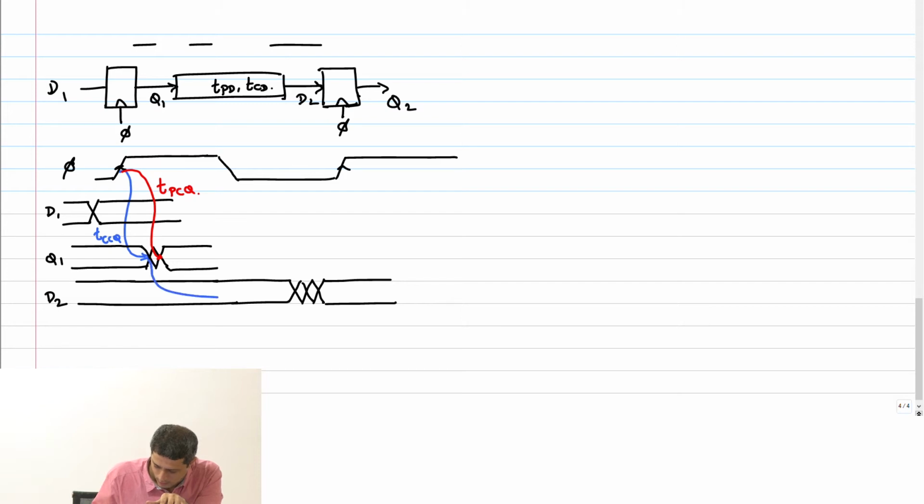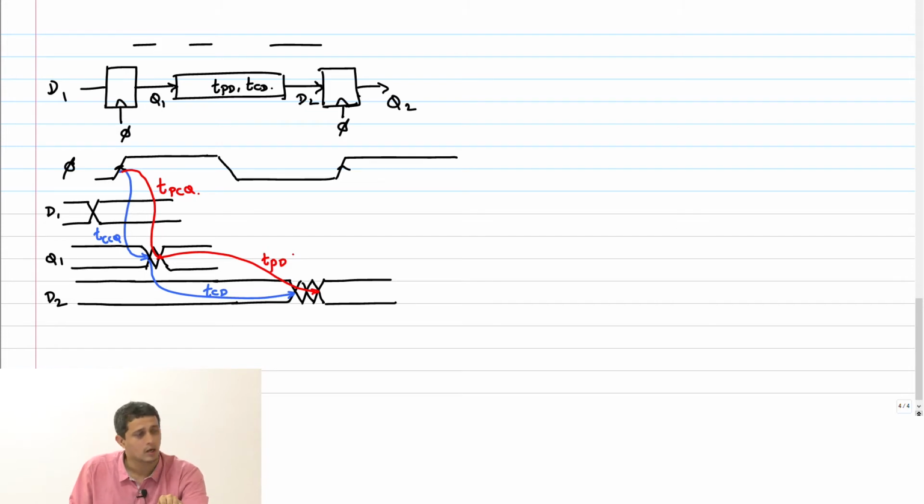From here, what is this delay? TCD, contamination delay of the combinational block. And this guy will be TPD. Now, remember D2 was earlier holding some state from the previous evaluation.